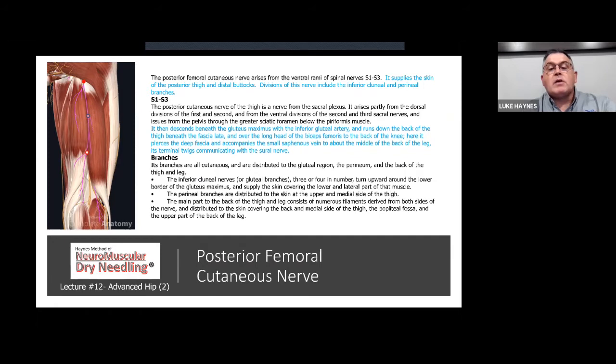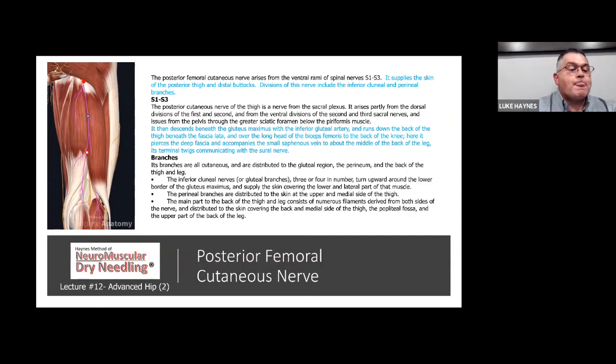Divisions of this nerve also include the inferior cluneal and the perineal branches. The nerve descends beneath the gluteus maximus with the inferior gluteal artery, and it runs down the back of the thigh beneath the fascia lata and over the long head of the biceps femoris to the back of the knee, where it pierces the deep fascia and accompanies the small saphenous vein. It's about the middle of the back of the leg, with its terminal twigs communicating with the sural nerve. So a lot of intercommunication here.